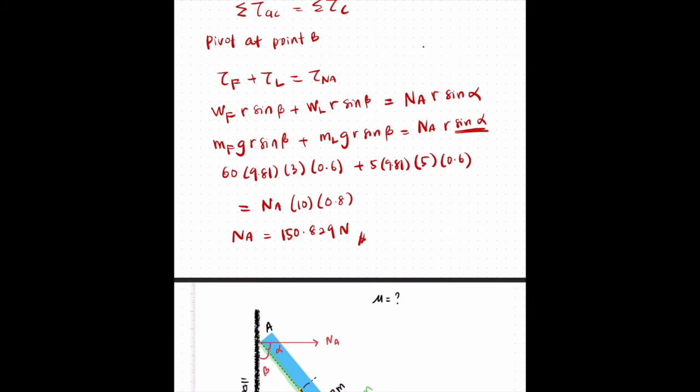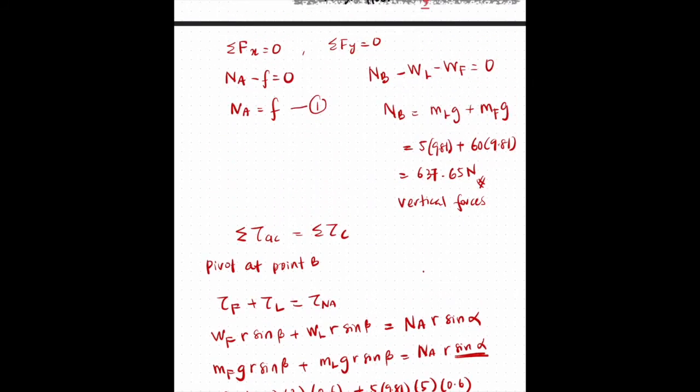Then NA from this equation, NA is equal to F. 150.829 equal to friction. Then friction is equal to 150.829 Newton. This is our horizontal force. That is the answer for first question.